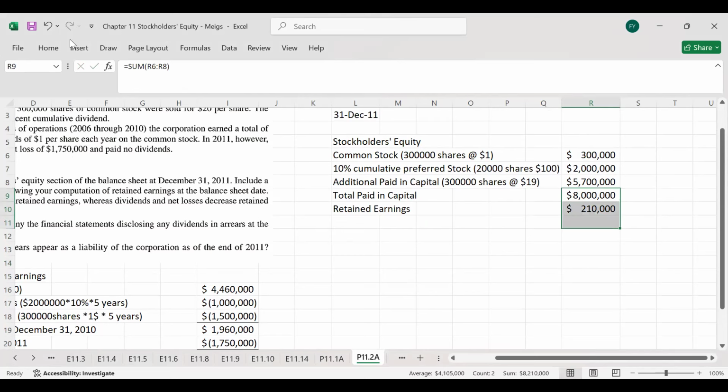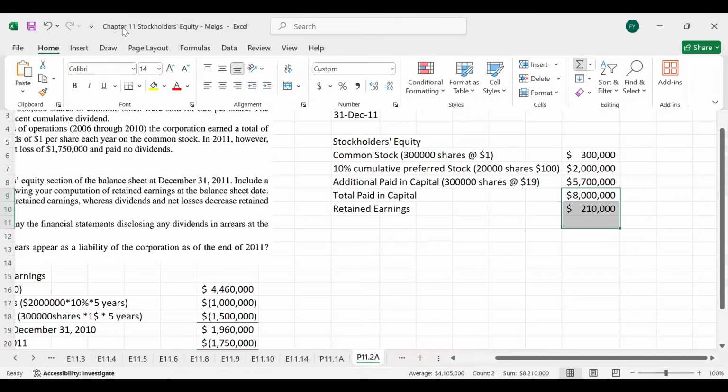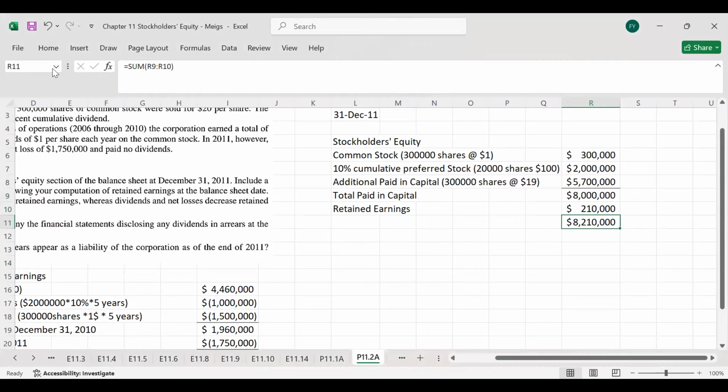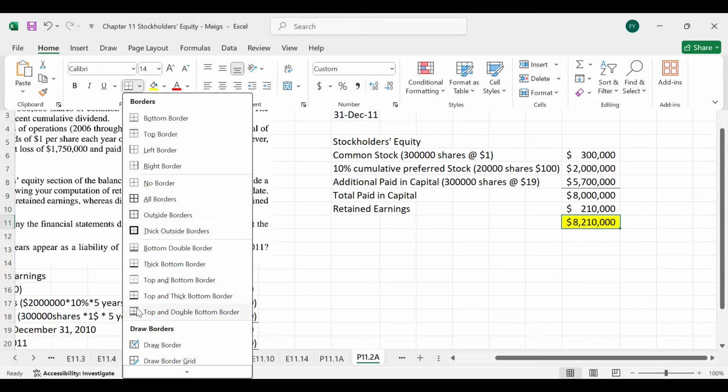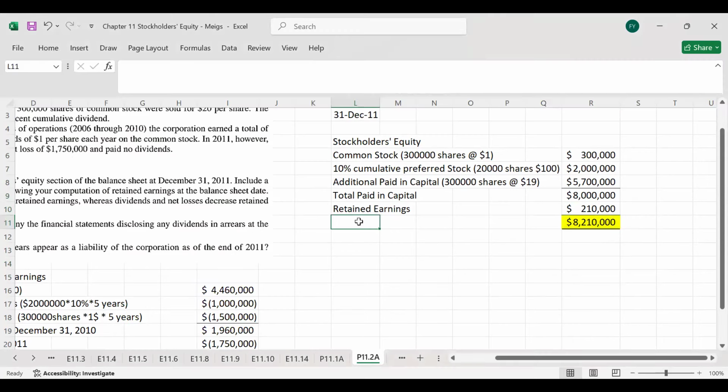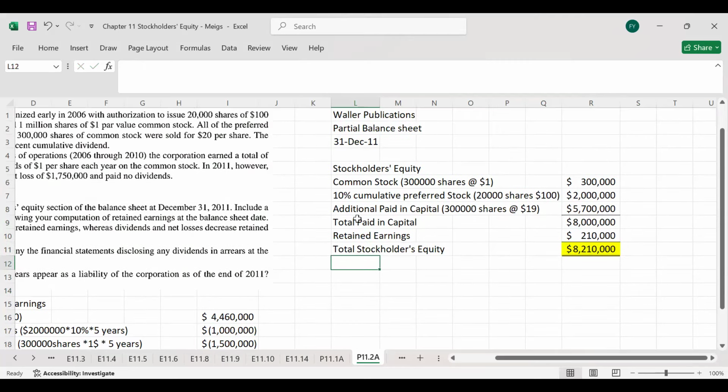Now when we add or sum these two, that is total paid in capital as well as retained earnings, the amount is $8,210,000. So this is your total stockholders equity. So this was the requirement.